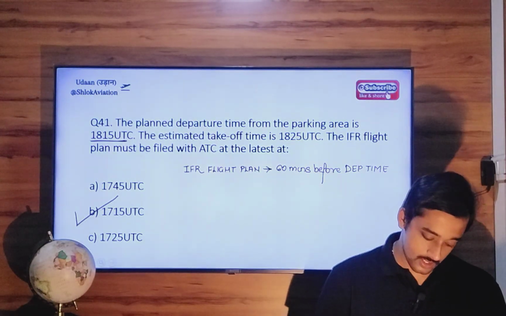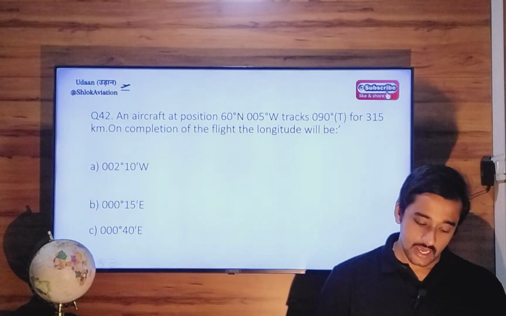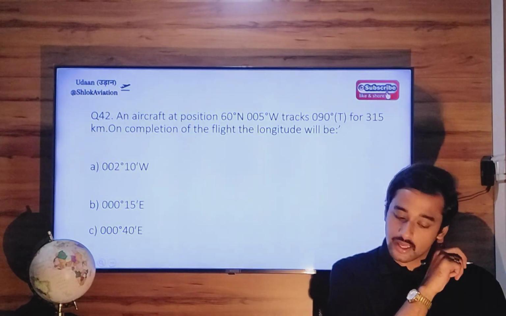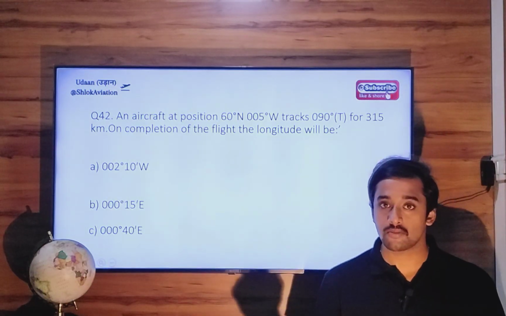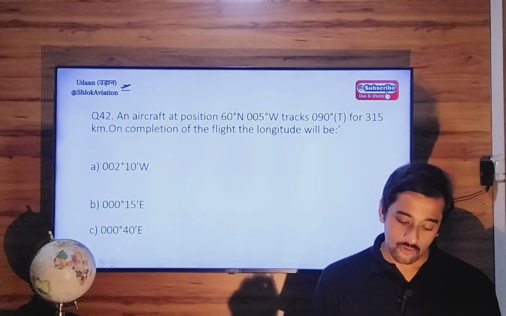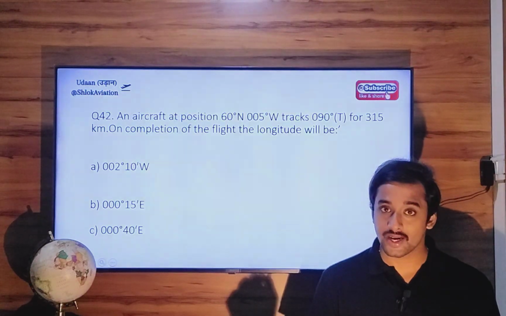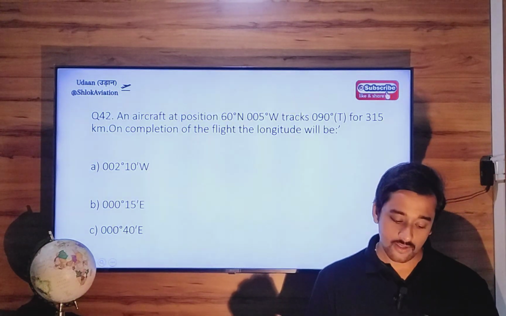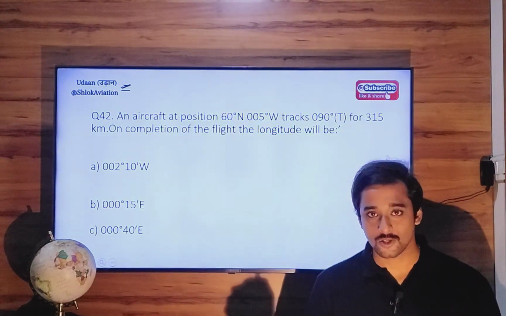Very important question, 42. Aircraft is at a particular position. It flies 090, that means it's flying a rhumb line track in an easterly direction for 315 kilometers. On completion of the flight, what will be the new longitude?